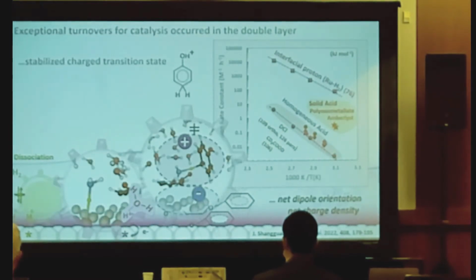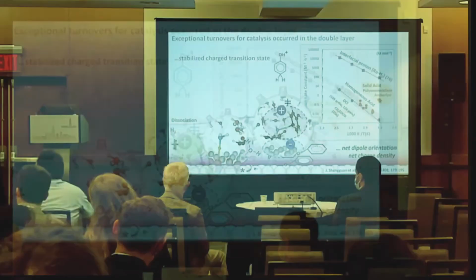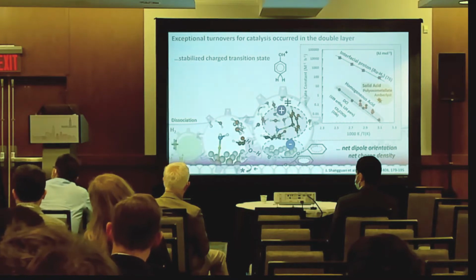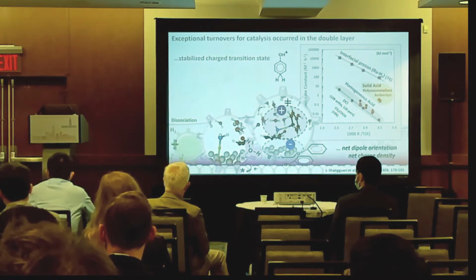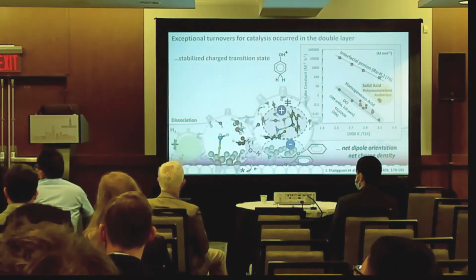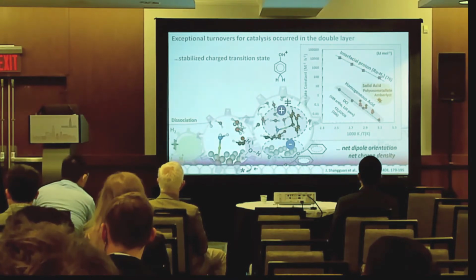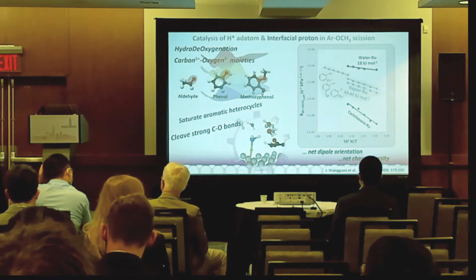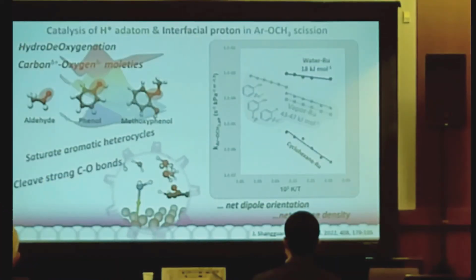Here, formation of the interfacial proton, and secondly, you have a highly charged transition state that is stabilized by the water, as also demonstrated earlier today by Matt Neurock in his talk on a similar system in the phenol hydrogenation work.